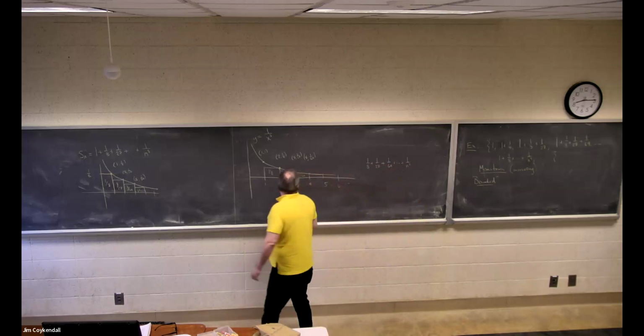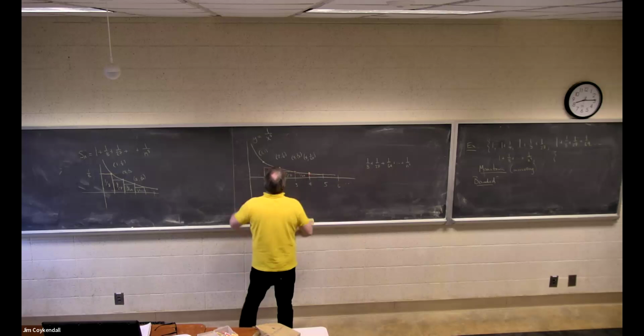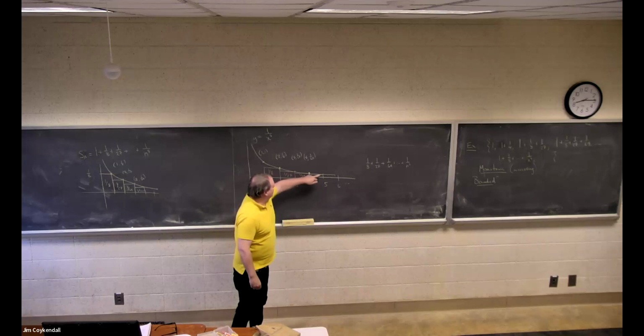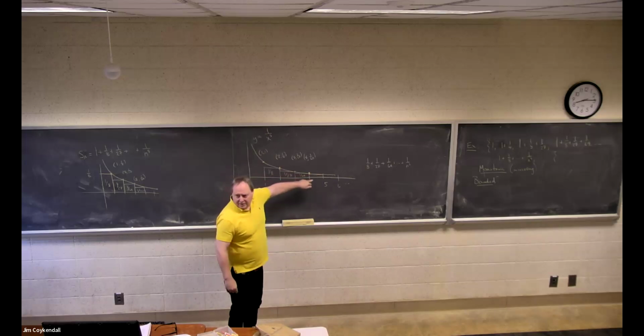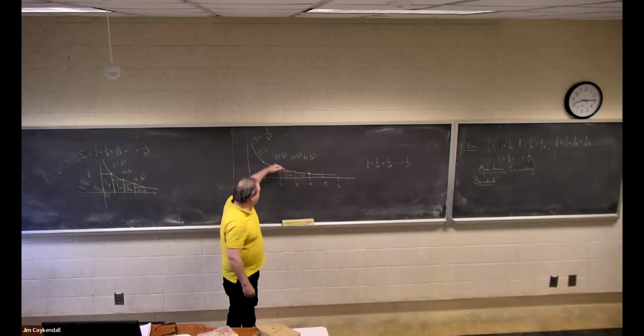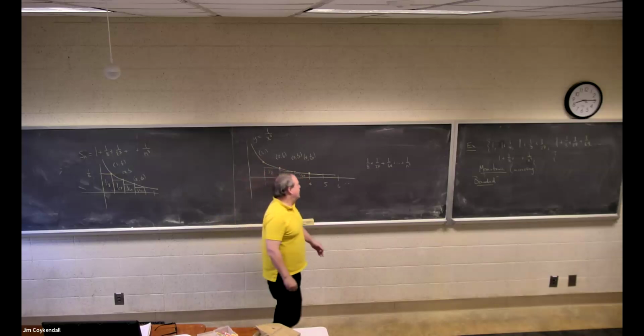Let me ask you this. Which is bigger, the area under the yellow curve from here to here, or the area under the boxes? The yellow curve's a little bigger, everybody agree with that? Because there's always a little left over and we never go under the boxes, right?